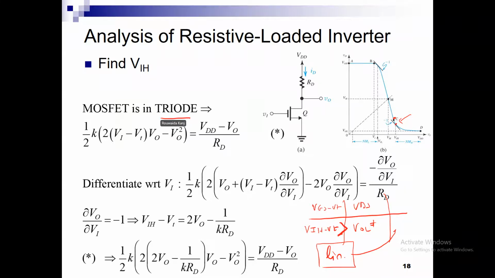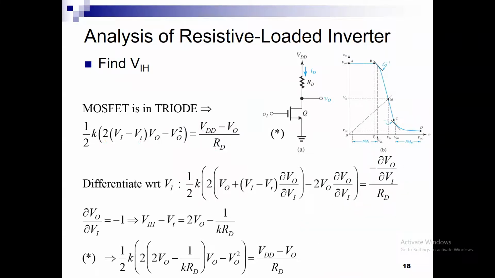Accordingly, we will have half K prime W by L times 2 times (Vn minus Vt, or VGS minus Vt) times Vo minus Vo squared is equal to IR, which is (VDD minus Vo) over RD. Here we have two equations, one equation, two unknowns, and so in this consideration, I will have to rely on the fact that dVo by dVn at VIH is equal to minus 1.